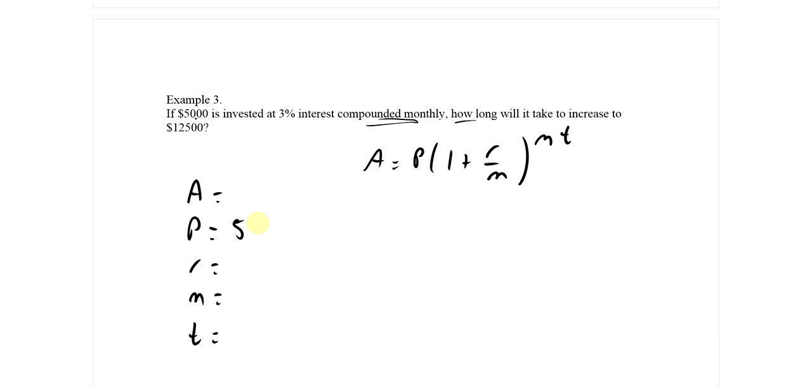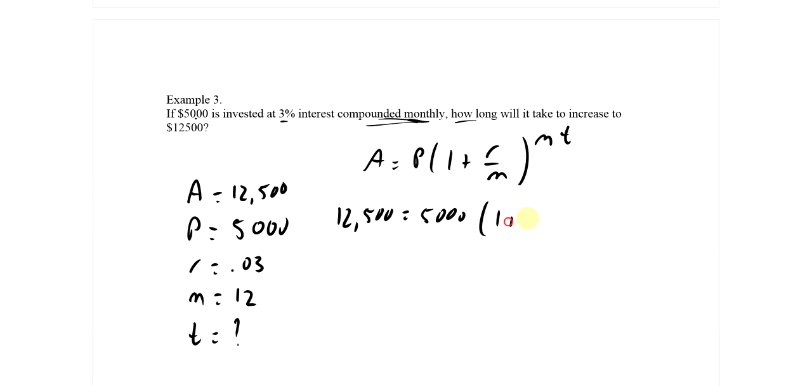The amount you invest is the principal. 3% interest, so that's your rate as a decimal. Compounded monthly, 12 times a year. How long? Well, we don't know that, but we want to have 12,500 in the future. We don't know what t is. Great, so we know all the variables except one. We plug them all in. And we get that.